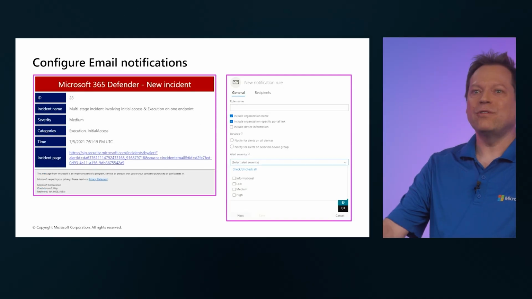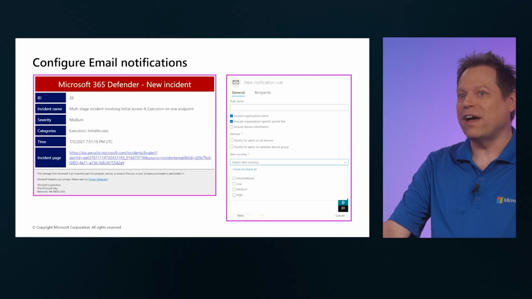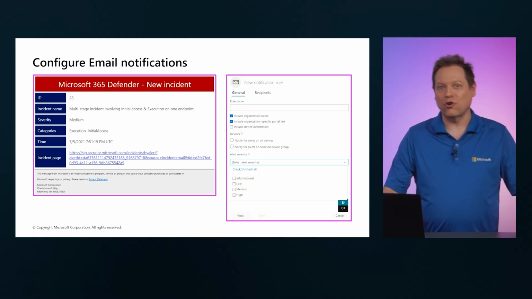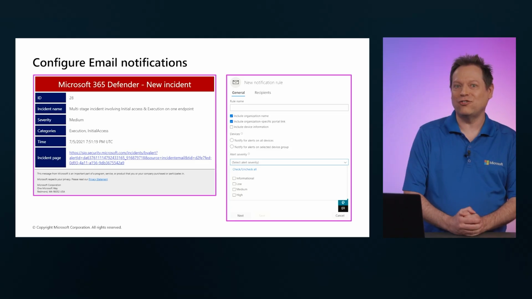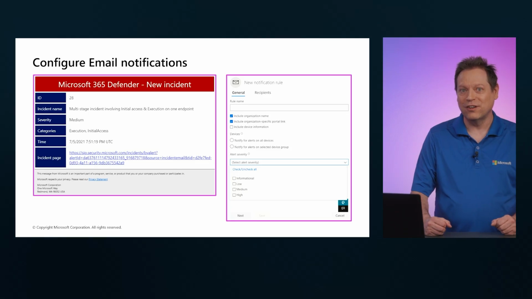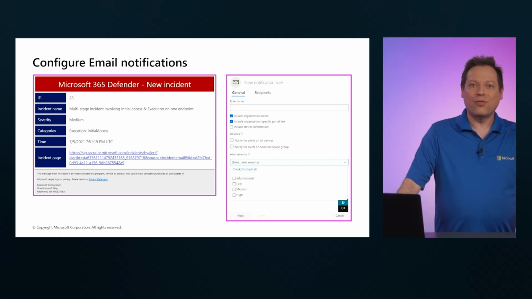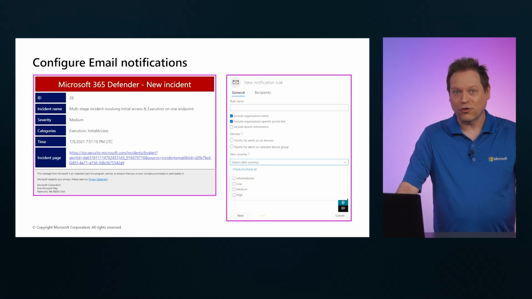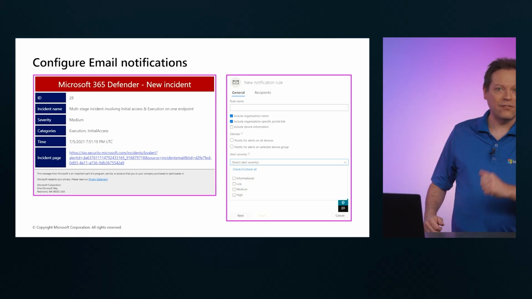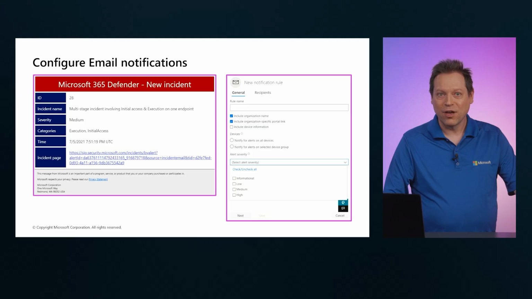Here we look at how Defender for Endpoint can notify the right people at the right time. You can configure the service to send email notifications to specific recipients whenever new alerts are generated. This ensures that the appropriate responders are immediately notified and can take action based on alert severity.